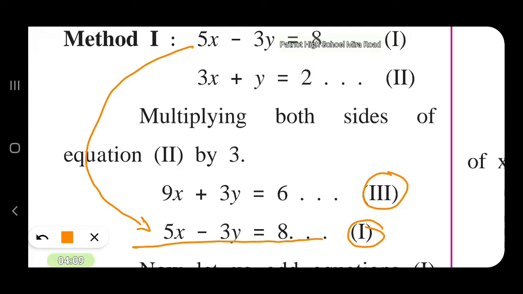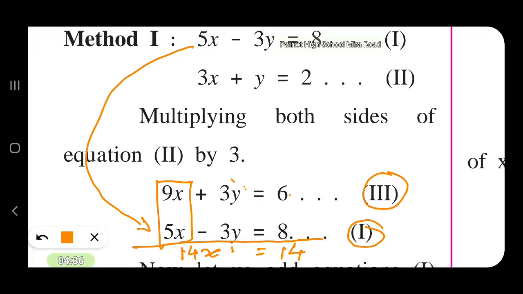What will we get? 6 plus 8 will be 14. Plus 3y minus 3y, they will get cancelled. So you will have a 0. Even if you don't write anything, that means you have not written any value in y. And 9x plus 5x adding up will give you 14x. Now we have 14x is equal to 14.